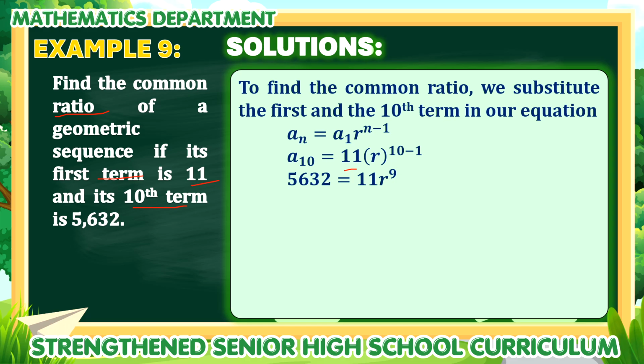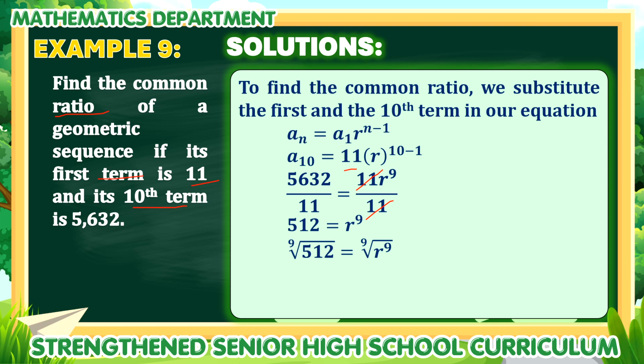After that, we'll be dividing both sides of our equation by 11. As a result, we can cancel out this 11 here, and 5,632 divided by 11, we have 512 is equal to r raised to 9. And for us to determine the value of r, we just have to extract the ninth root of each side of our equation.